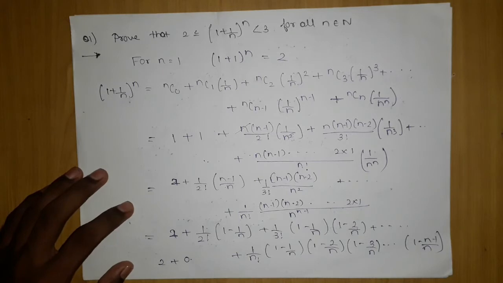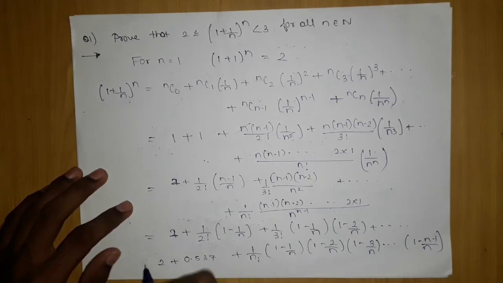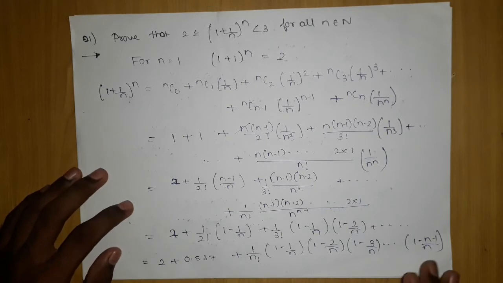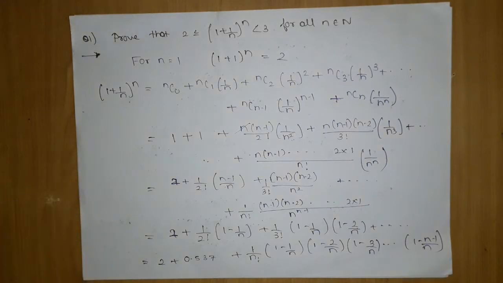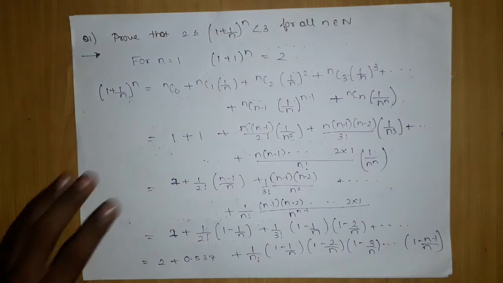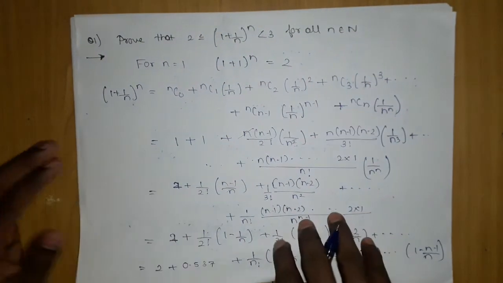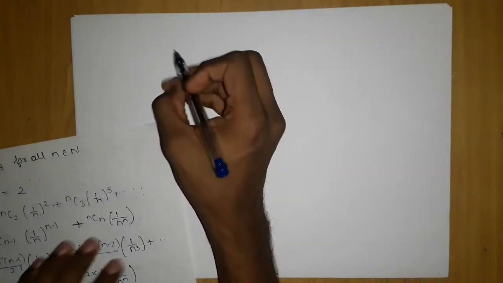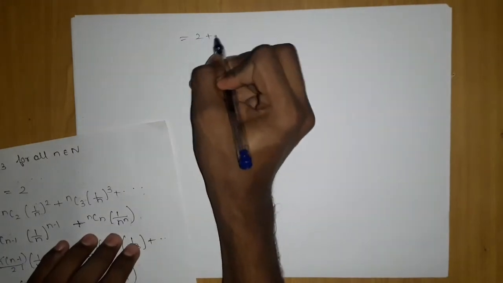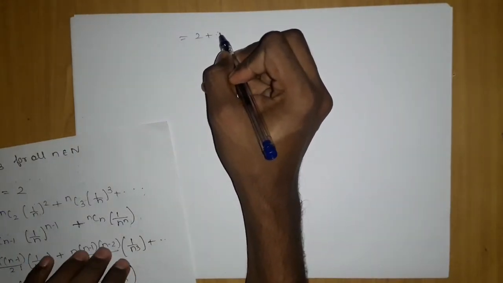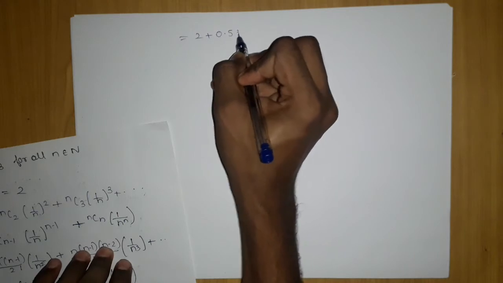If you divide 1 by 2, 0.5, something like 0.53 will be there. So its value will be something like 2 plus 0.53.